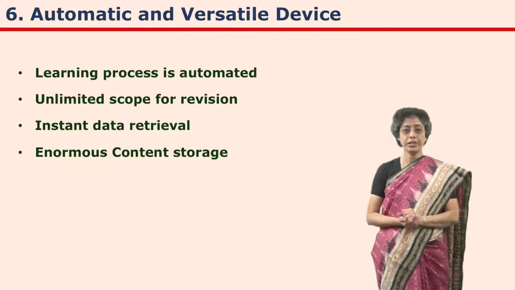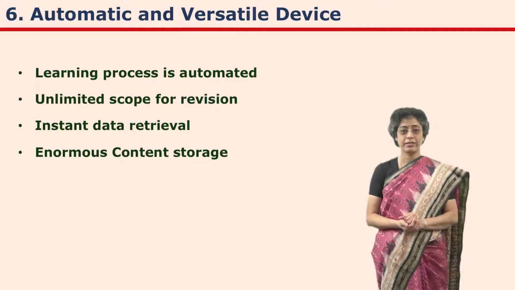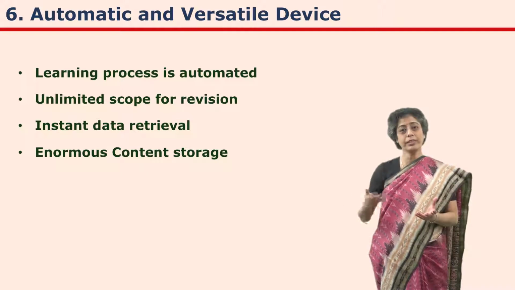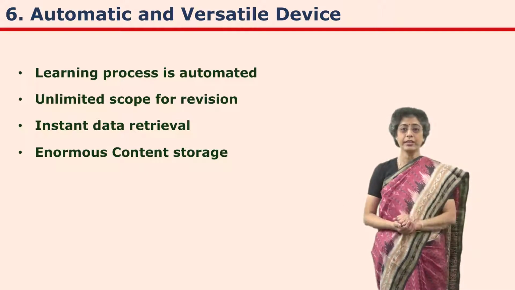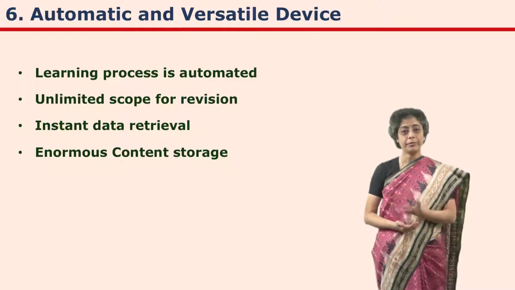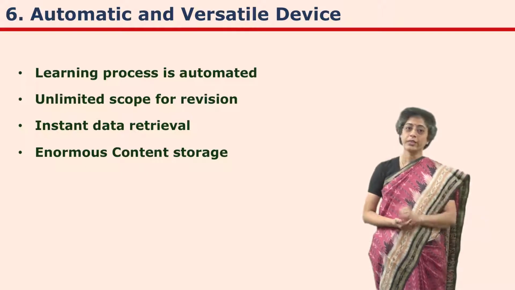A lot of content can be stored in one CAI package. The learner is guided through the entire sequence automatically. And the computer is a versatile medium also. It can present various media and it can process many question answers for the learner.